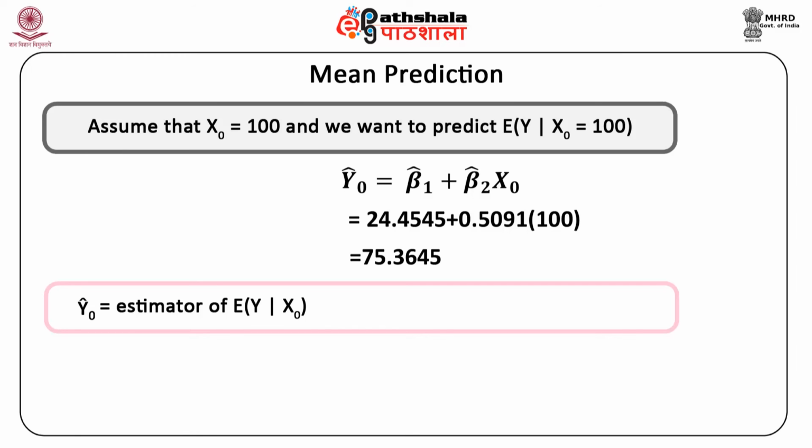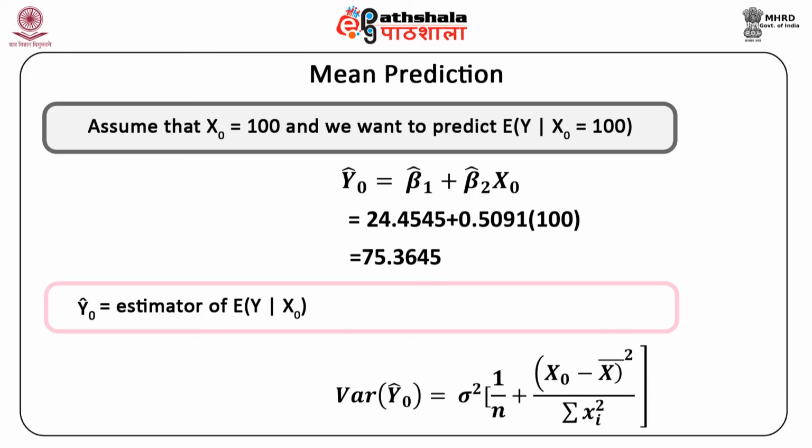To assess this error, we need to find out the sampling distribution of y0 hat. y0 hat is normally distributed with mean beta 1 plus beta 2 x0, and the variance is given by the following formula: variance of y0 hat is equal to sigma square into the bracket 1 upon n plus x0 minus x bar whole square divided by sigma xi square, bracket closed.